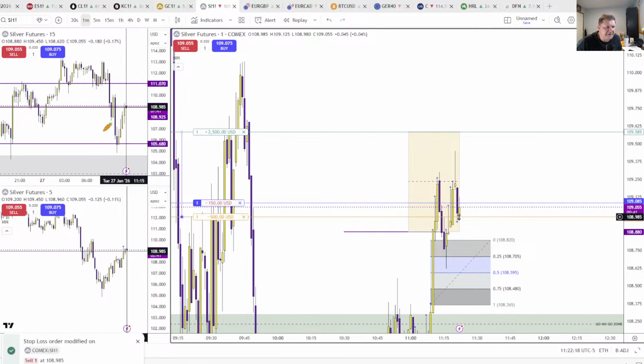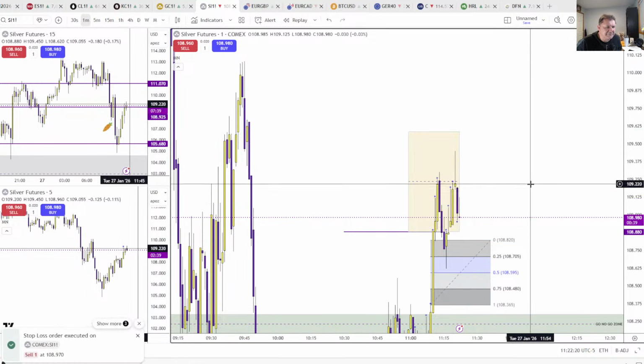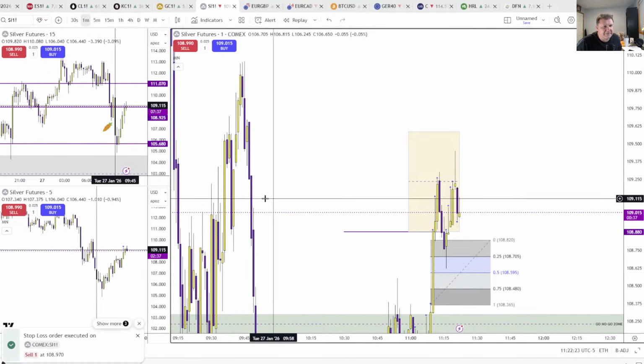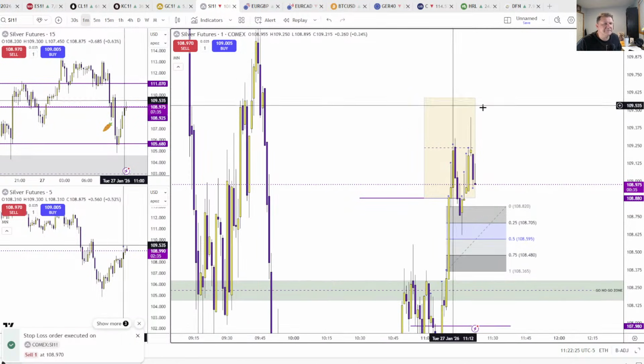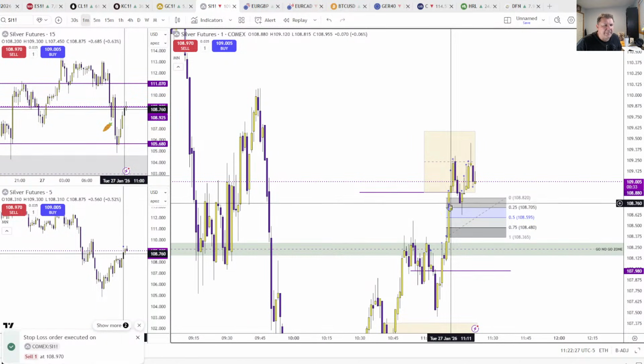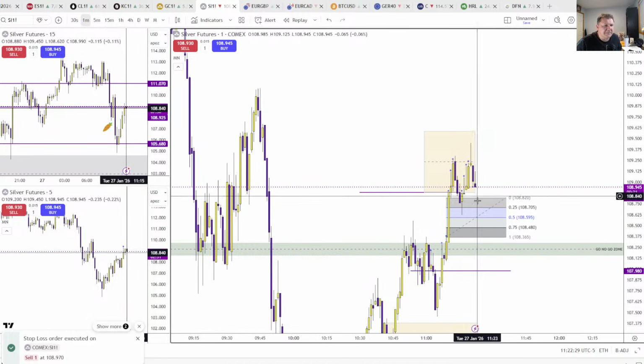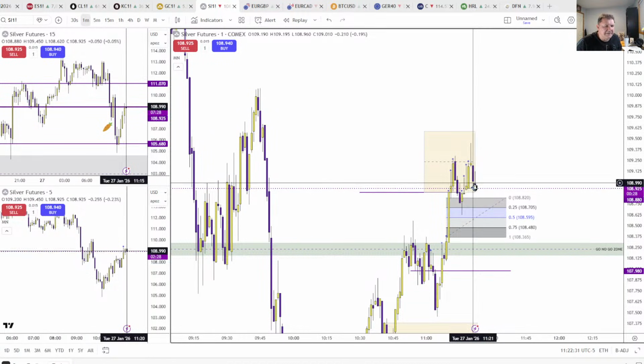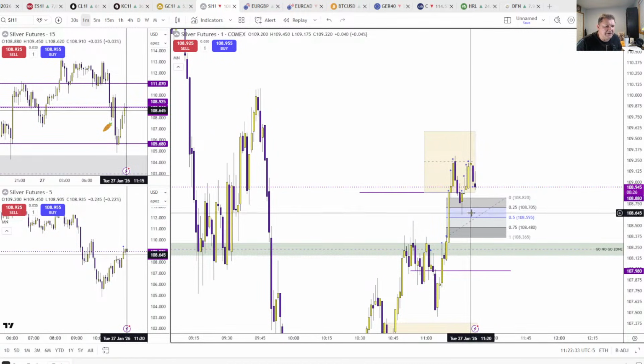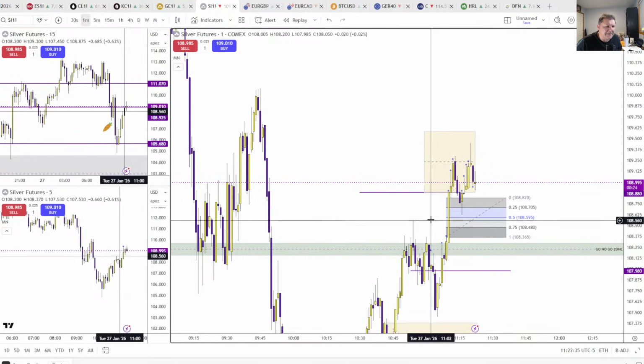It's done its thing there. I demand that price or I'm out. So I'm out. See that? It says, no, I'm going lower. So we might be getting another retest at 108.55.